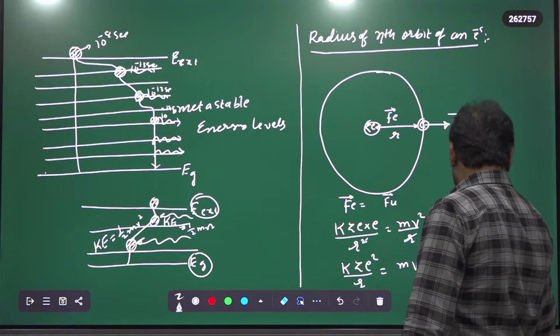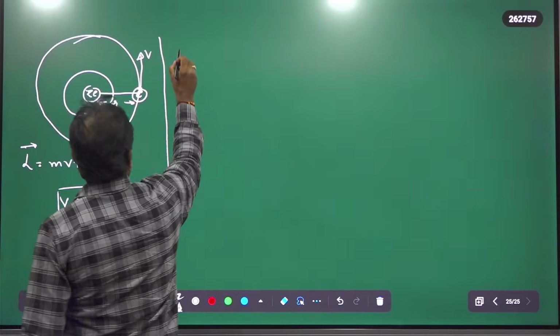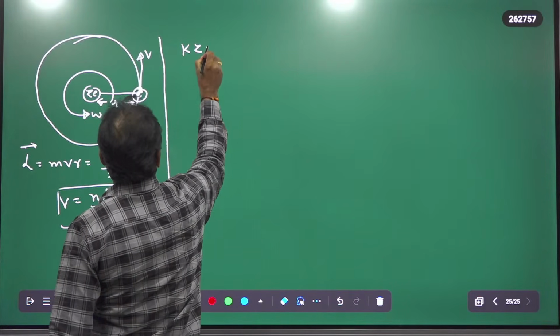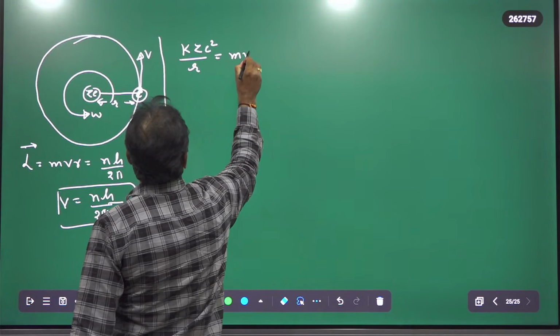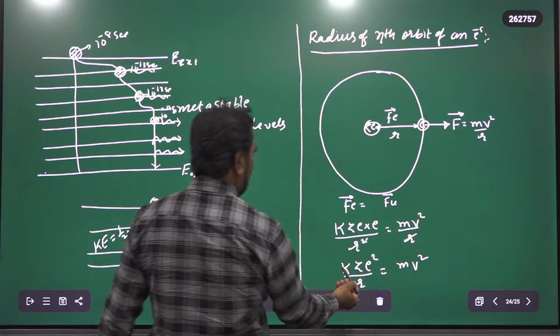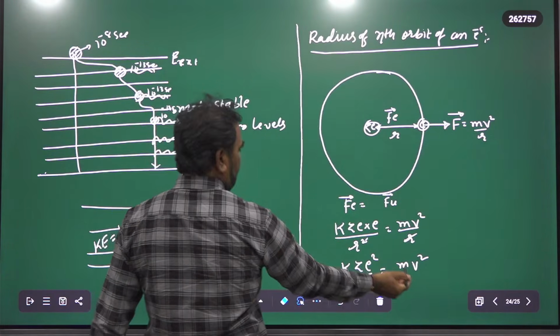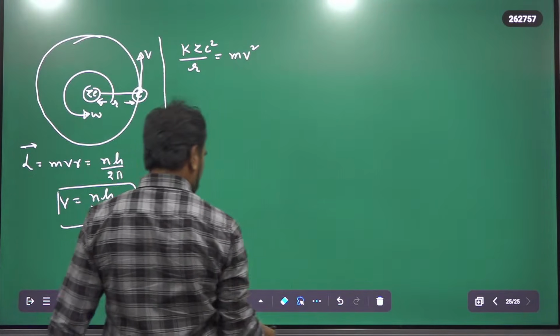Already we have derived this. Is it clear?